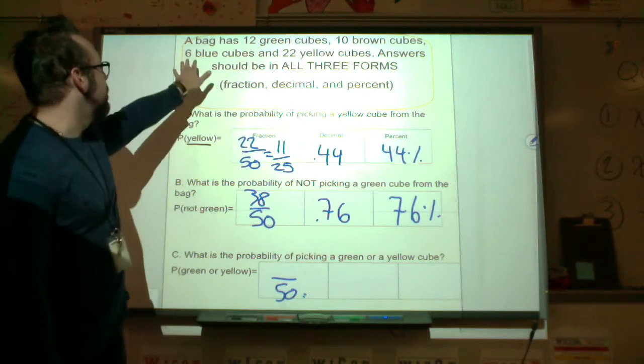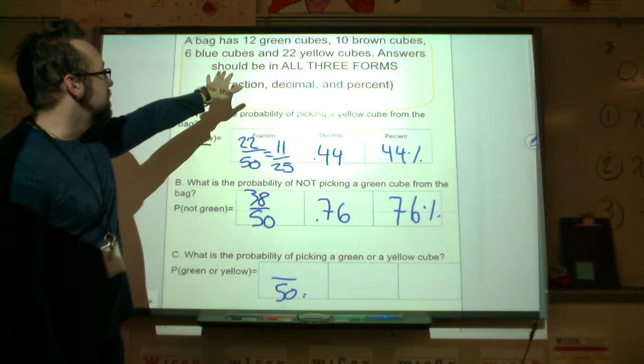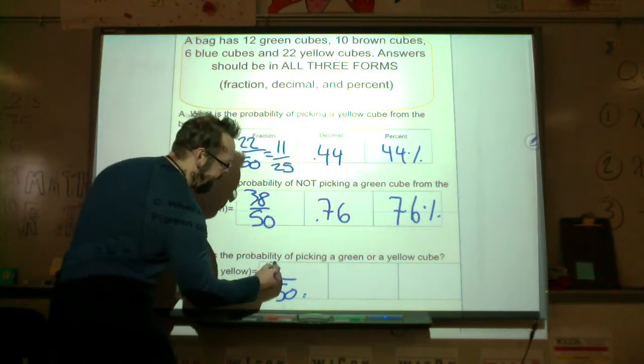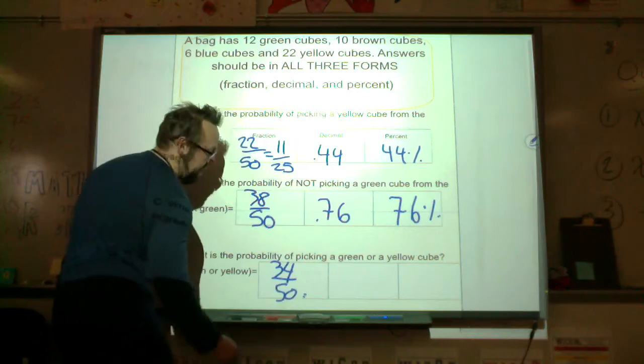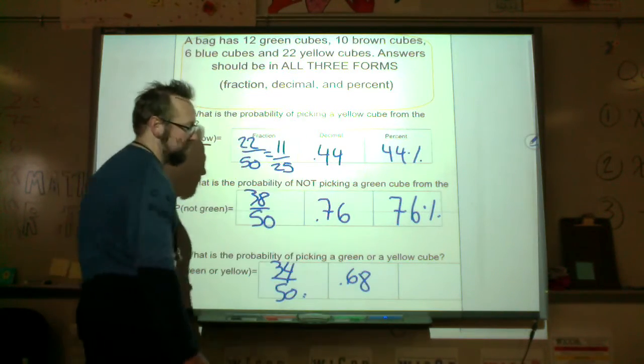Green and yellow, that would be 12 plus 22. So that would be 34 out of 50. That would be 68 hundredths, 68%.